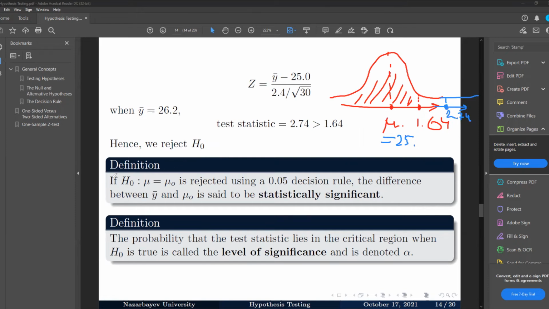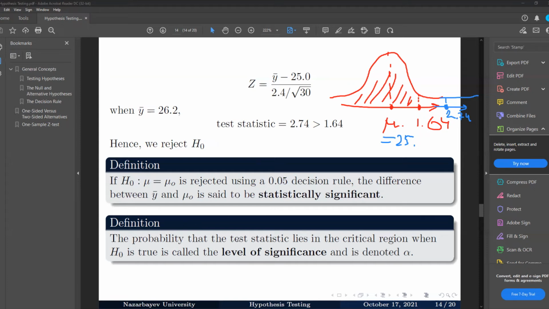Okay, let's go over the following two definitions now. If the null hypothesis of mu equal to mu naught is rejected using the 5% decision rule, the difference between y bar and mu naught, so y bar of 26.2 in our example and mu naught of 25, is said to be statistically significant.